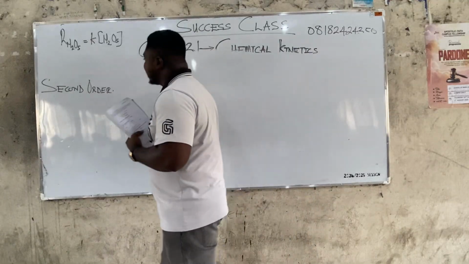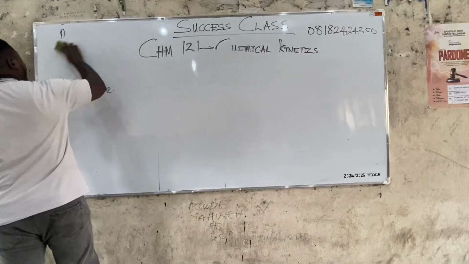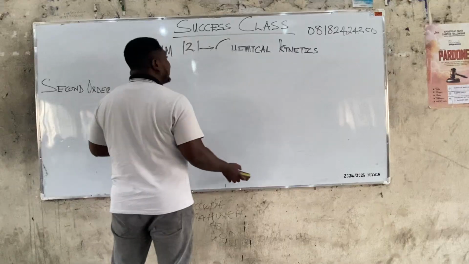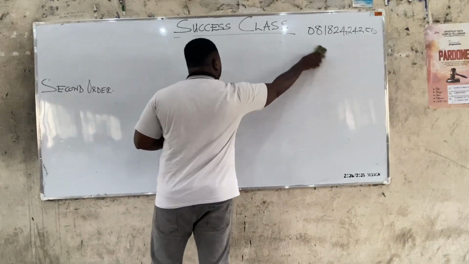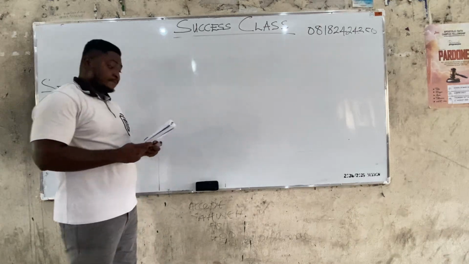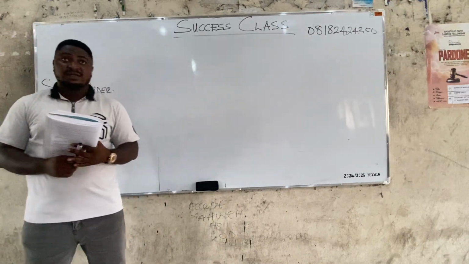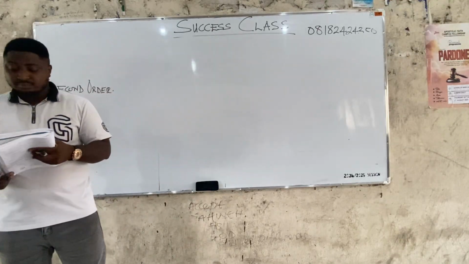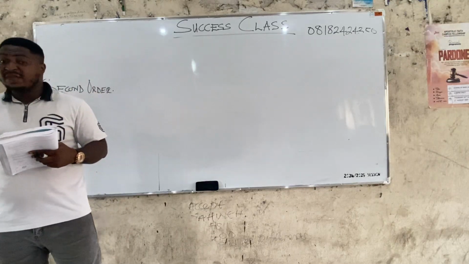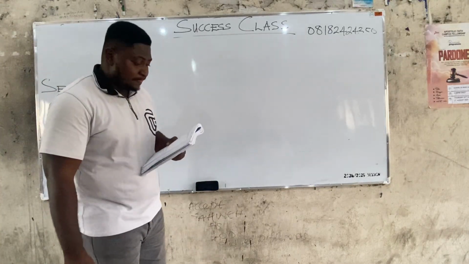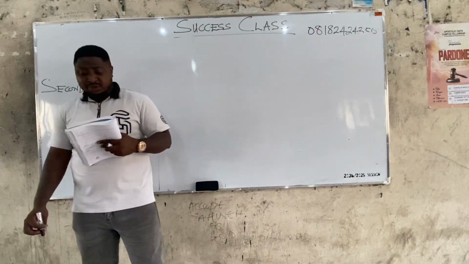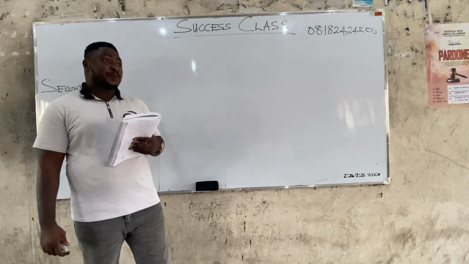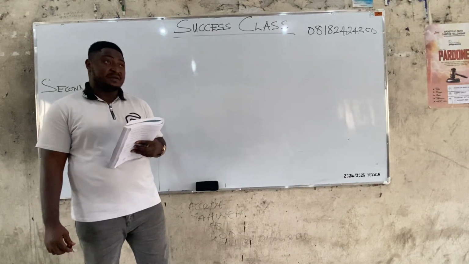Second order reactions are reactions in which the rate of the reaction is directly proportional to the product of the concentration of the species in a rate law.